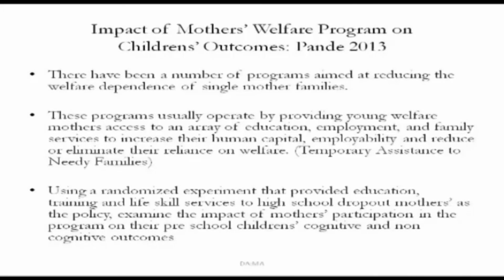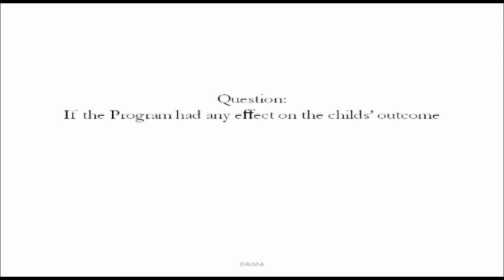So, using a randomized experiment that provided education, training and life skill services to high school dropout mothers as the policy, examining the impact of mothers' participation in the program on their preschool children's cognitive and non-cognitive outcomes. So, both educational as well as behavioral outcomes. So, the question is whether the program had any impact on children's outcomes.